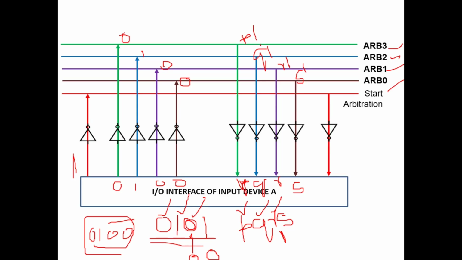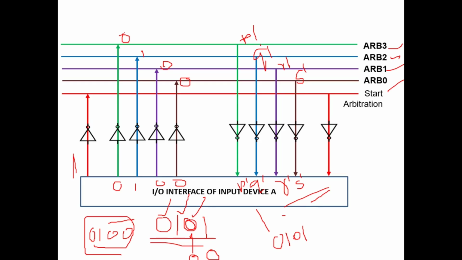Again this is read by the device. That means the device receives those bits, P dash, Q dash, R dash and S dash. Now it is not compared with anything; the device just checks whether this is the actual ID of the device. What was the actual ID of this device? This device's actual ID was 0101. Do you remember?